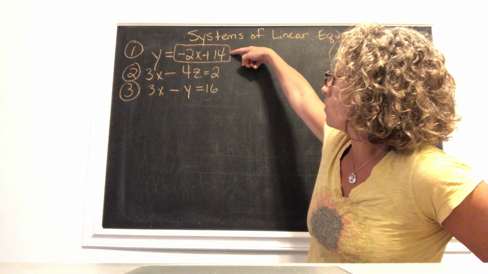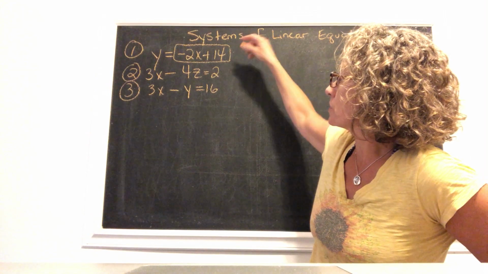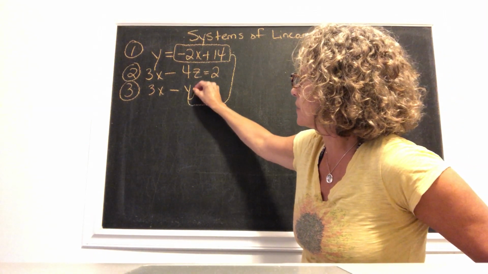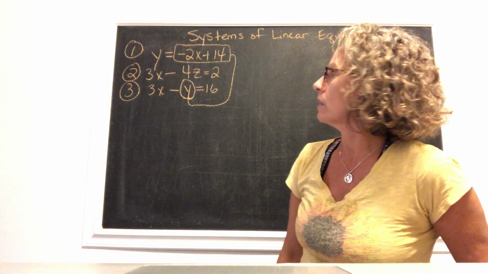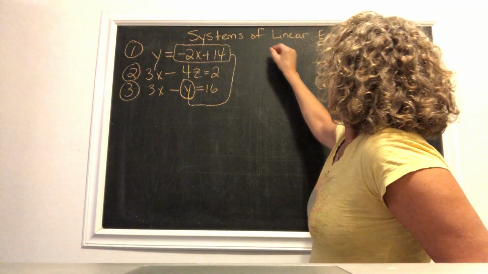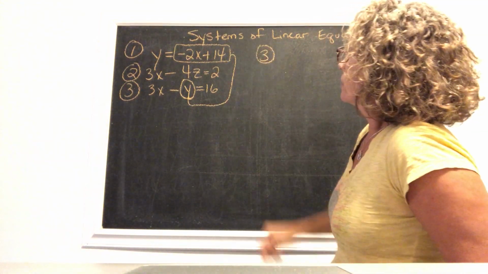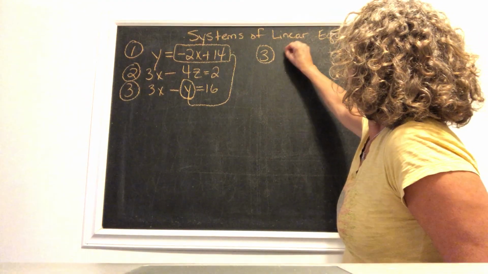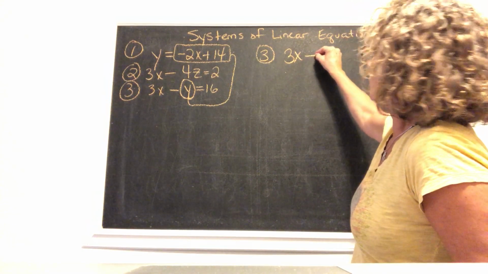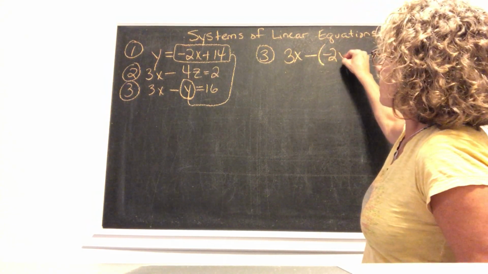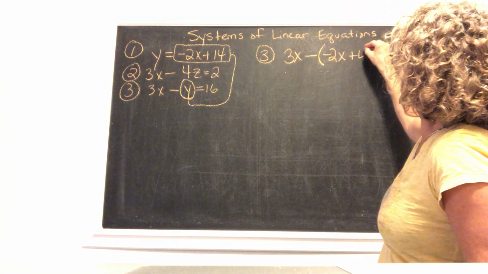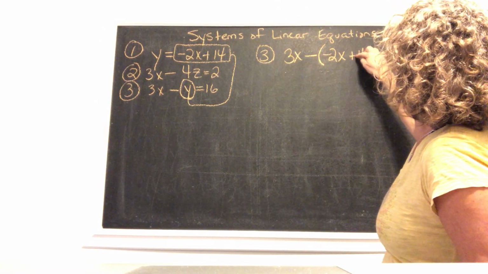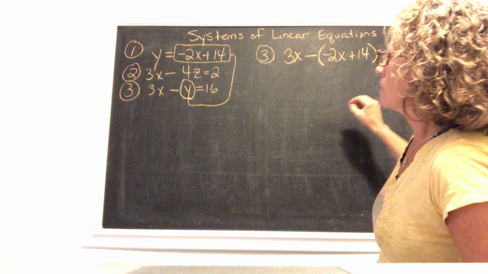So I'm going to take the y equals negative 2x plus 14, and I notice that I can substitute it in for the y in equation 3. So I'm using equation 3 and plugging in equation 1. Remember, when you plug in, you have to put parentheses so that you remember to distribute any negatives.